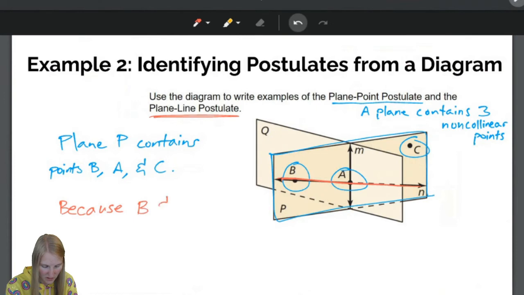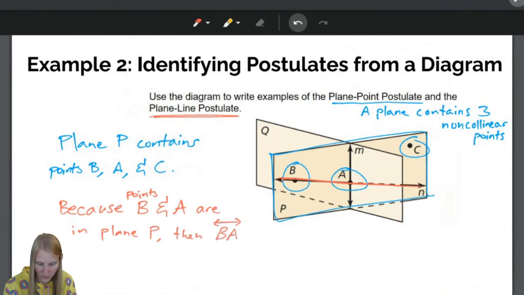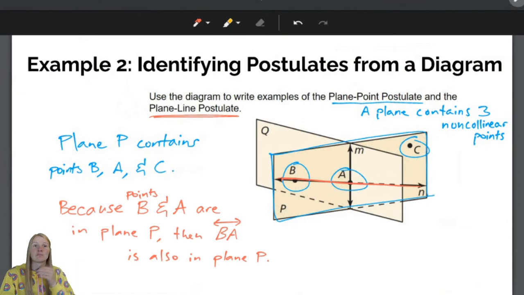Because points B and A are in plane P, then line BA, we also could have called it line N, doesn't matter, line BN is also in plane P. There you go. That's an example of the plane line postulate, because it said if 2 points are in the plane, the line containing them is in the plane.